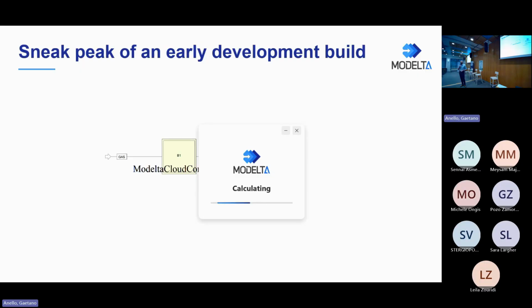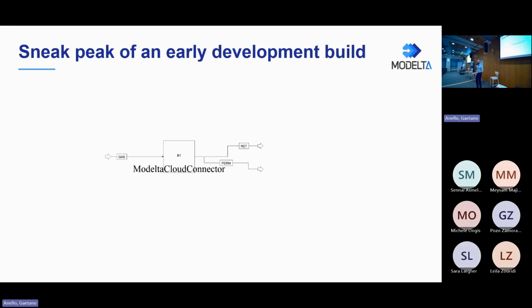Or it's Aspen because it also takes a while. And then the results eventually will be returned from our cloud to our block. So this is also made in such a way that you could also do this in Python. So you could just send your process model in Python to our cloud. It will return some answer and you can do with it whatever you like.